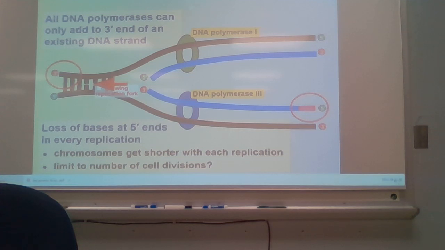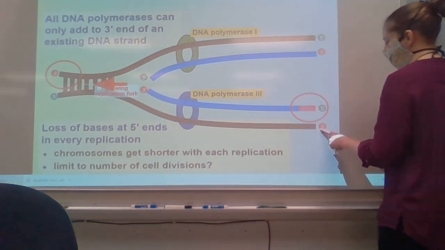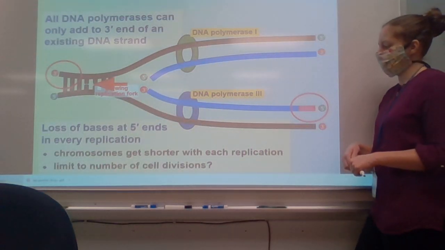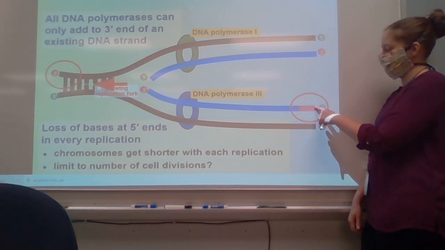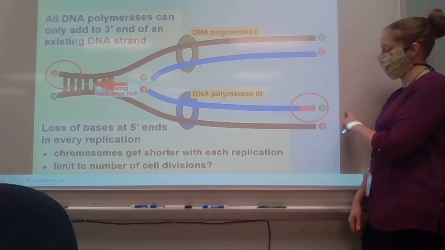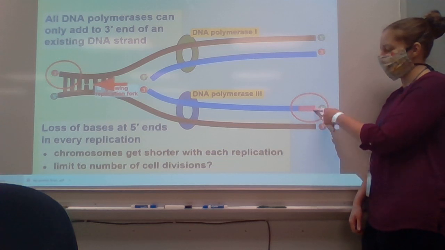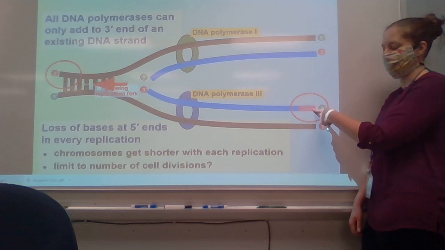Remember, one end of the chromosome is going to be the original 3' end. When we're building our DNA molecule, this is going to be an RNA primer, and since there are no nucleotides to the right of this, we can't replace it. We can't fix it.